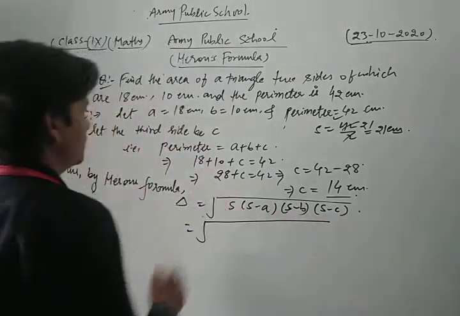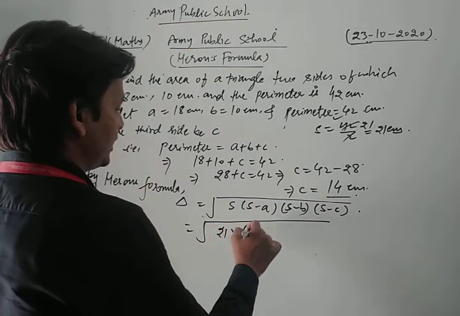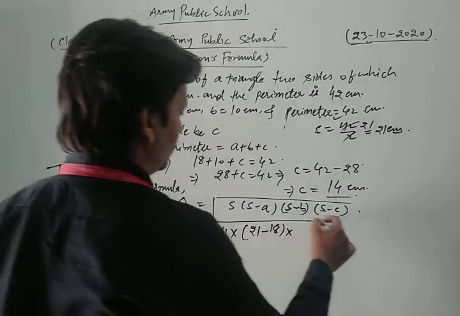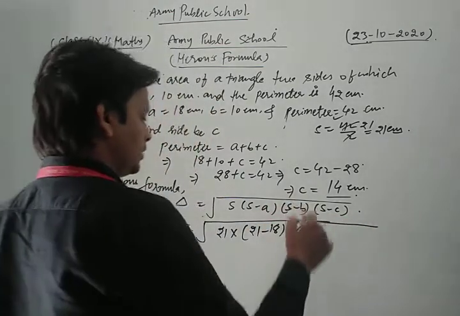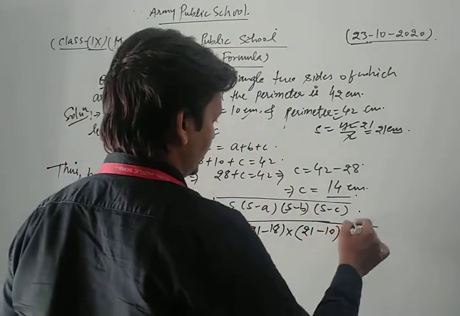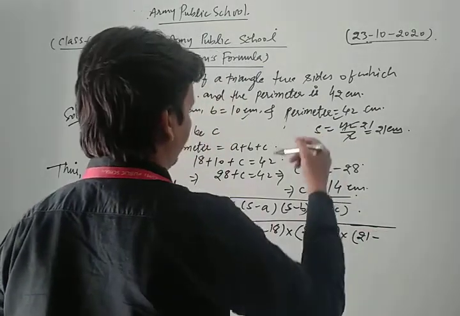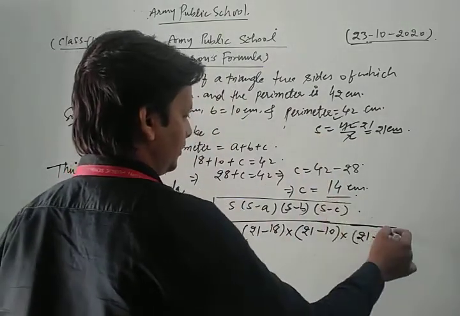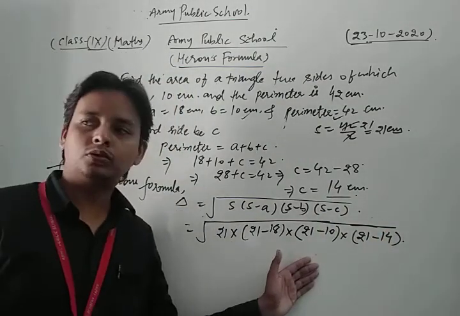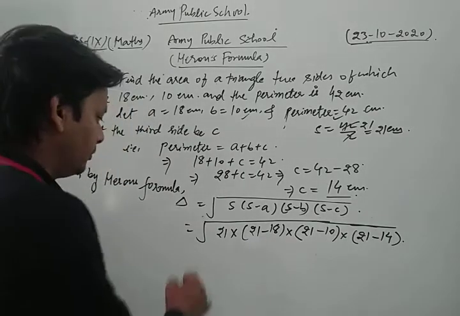Under root 21 into 21 minus 18, into 21 minus 10, into 21 minus 14, where the third side we found as 14.